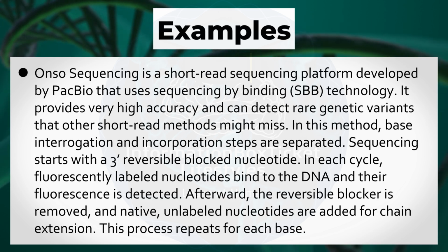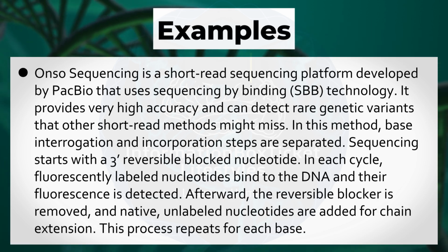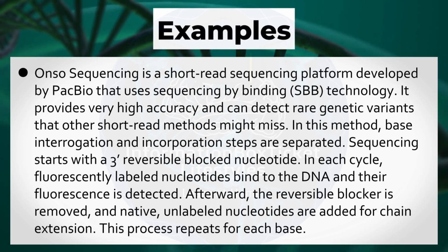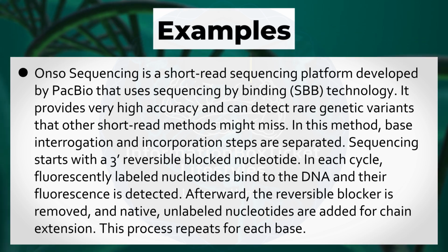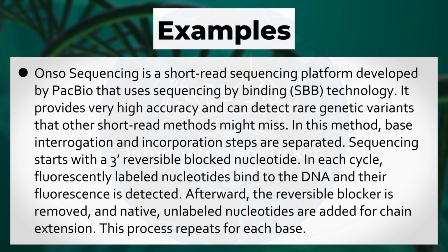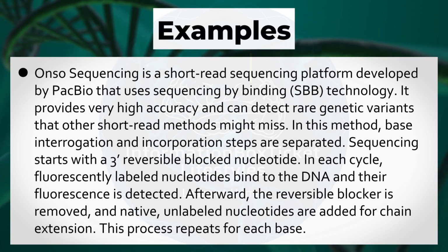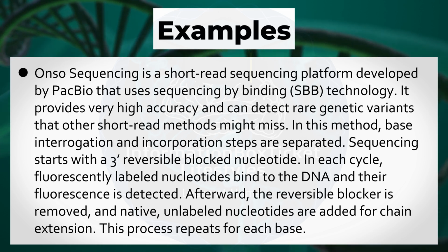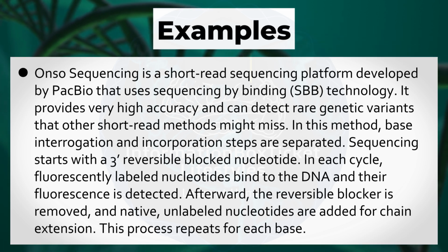Onso sequencing is a short-read sequencing platform developed by PacBio that uses sequencing by binding technology. It provides very high accuracy and can detect rare genetic variants that other short-read methods might miss. In this method, base interrogation and incorporation steps are separated.